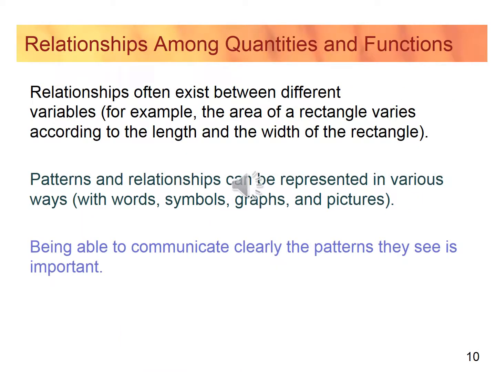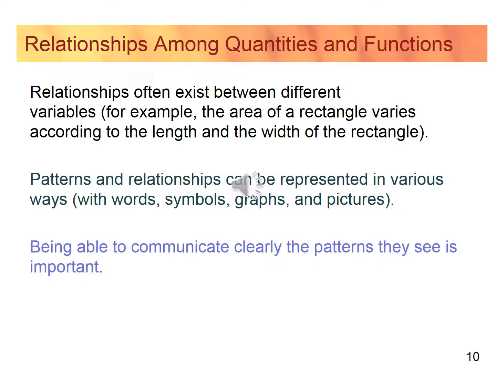So since relationships often exist between different variables, we can use those to develop a representation of a function that we're looking at or a computation that we're looking at. For example, when we look at the area of a rectangle compared to the length and width, we know that if we take the length times the width, we get the area. We could write that out as a function, or we could write it as a simple equation, but we can show that relationship between the variables with the equal sign.